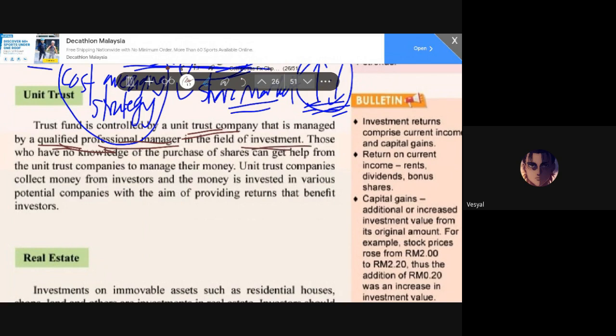Those who have no knowledge can get help from these people, of course. And they collect money from investors and provide returns that benefit the investor. So yeah, this is about unit trust. Nothing much actually. So far okay? Everyone still okay?